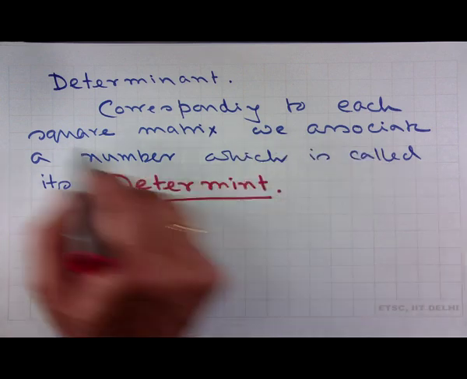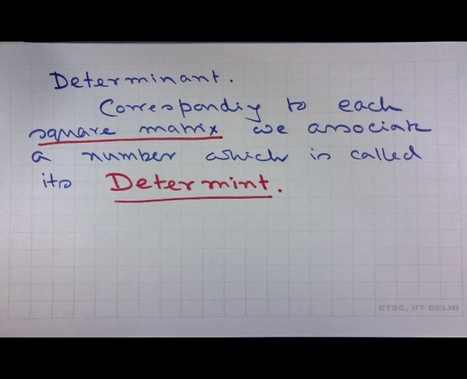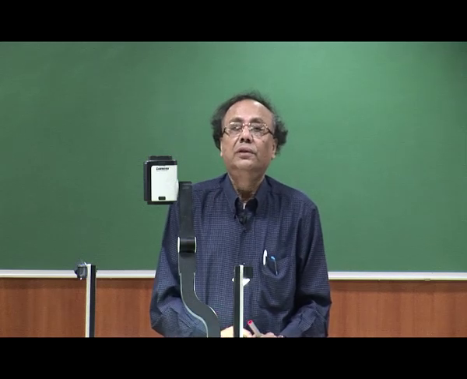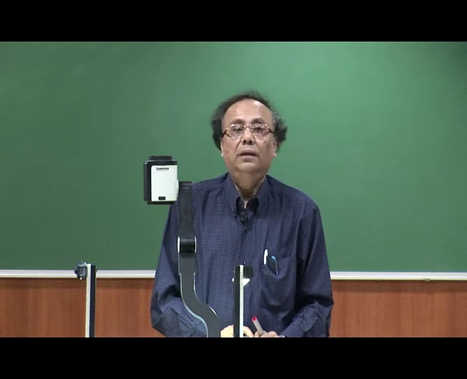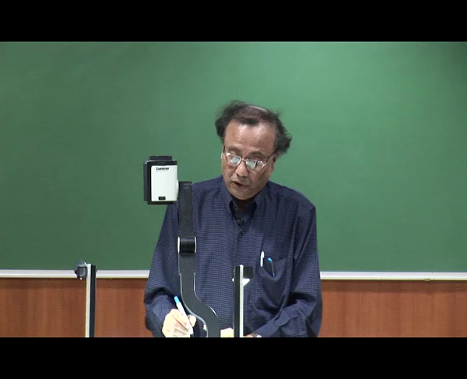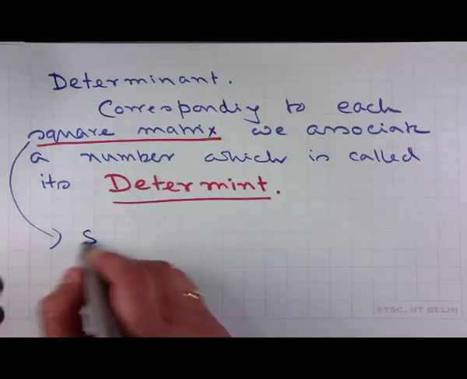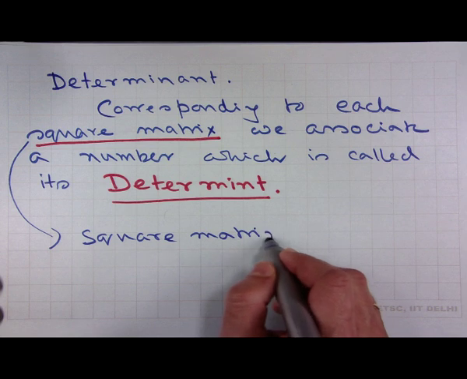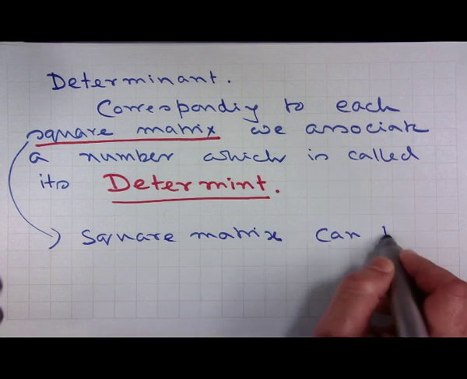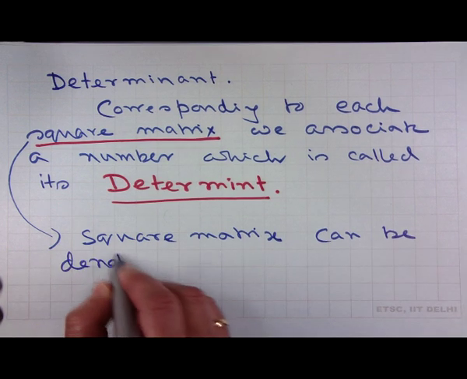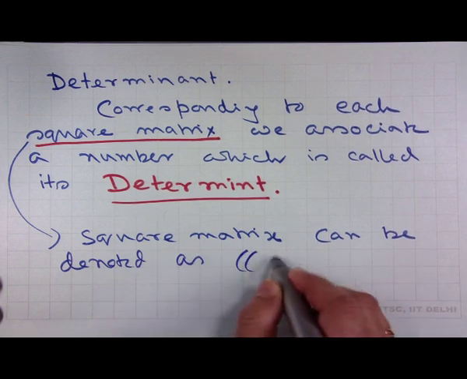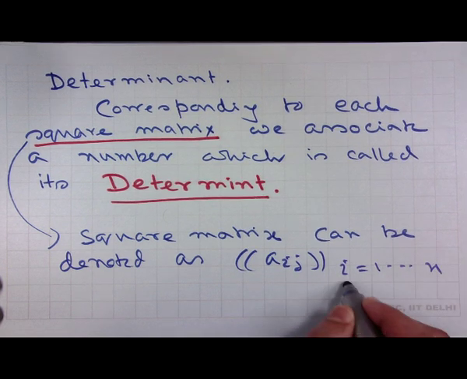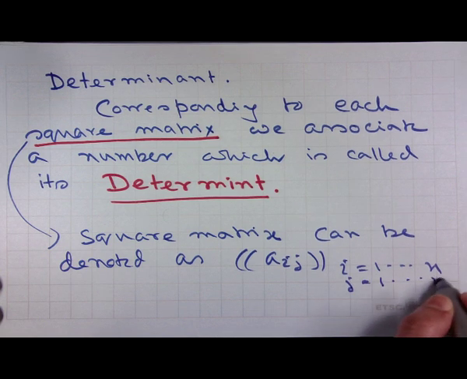So, what is a square matrix? A square matrix is one in which the number of rows is the same as the number of columns, or a square matrix can be denoted as Aij, i is equal to 1 to n and j is equal to 1 to n.